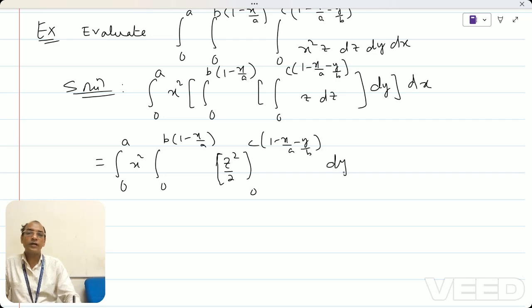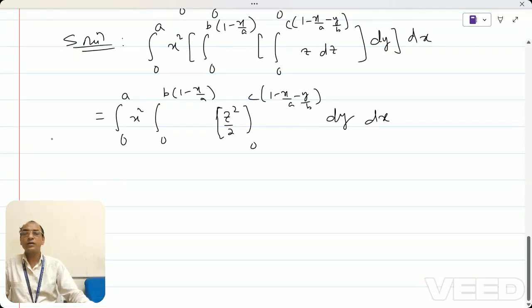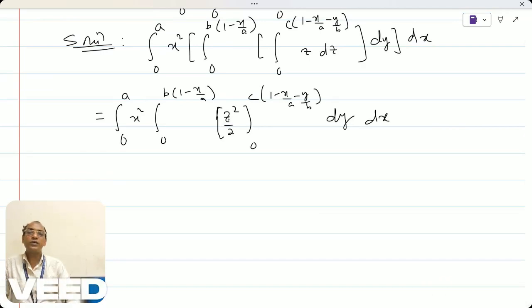After that I will integrate it with respect to y, then with respect to x. So here, since I integrated with respect to z, wherever z is there, I will put the upper limit as well as the lower limit. The upper limit of z is c into 1 minus x by a minus y by b, and the lower limit of z is equal to 0.